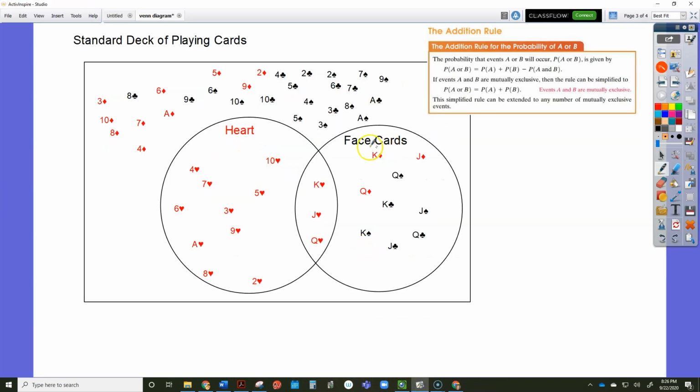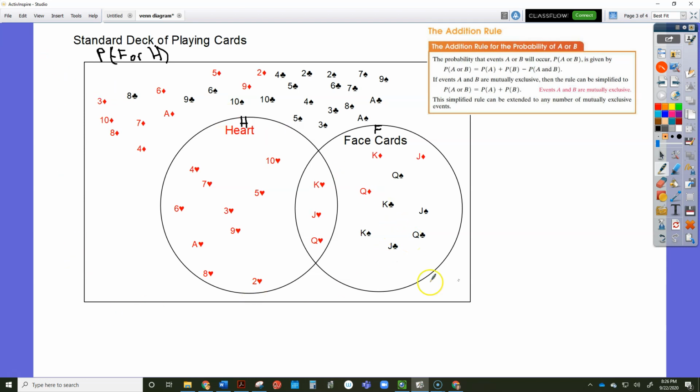So what I'm finding is the probability of a face card or a heart. I've defined event H to be the event of picking a heart, and I've defined event F to be the event of picking a face card.